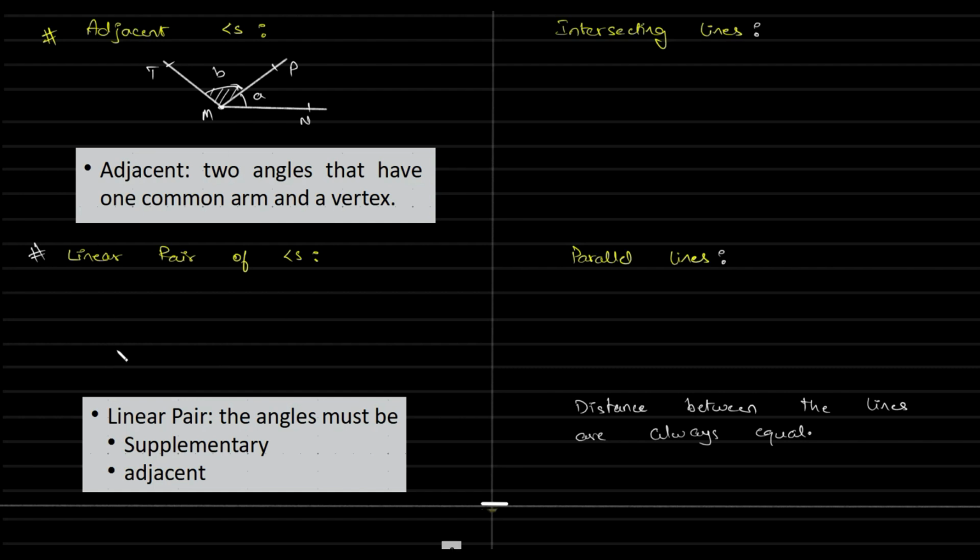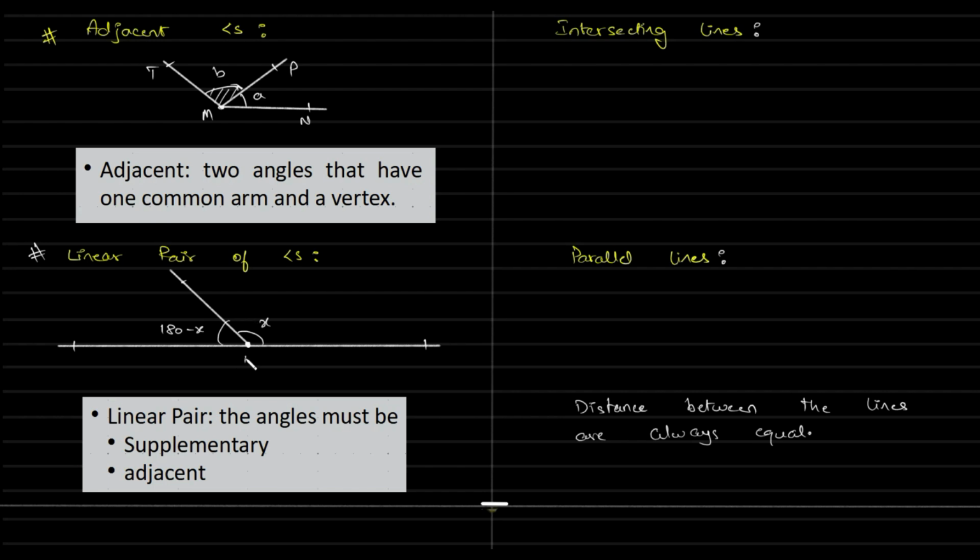Linear pair. Two angles are said to be a linear pair if they are adjacent and supplementary. So here say x and this is 180 minus x. So clearly they add up to 180 degrees, that's one thing. Second thing is they are neighbors. They share a common vertex and they have one arm which is common.